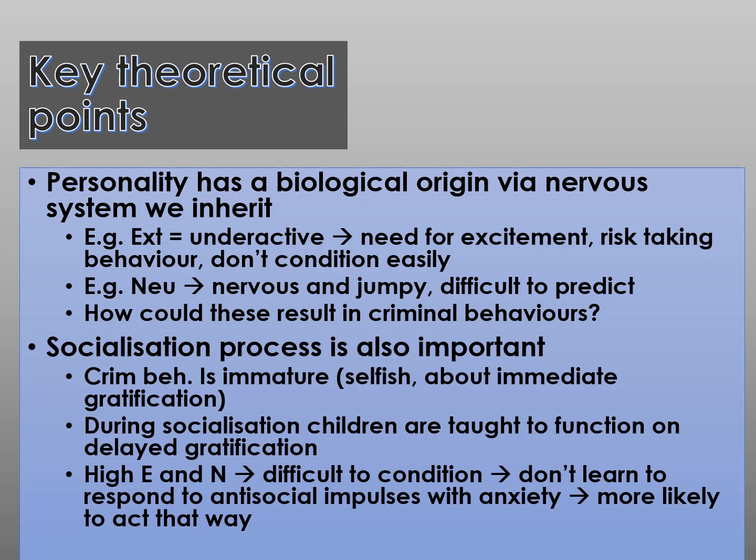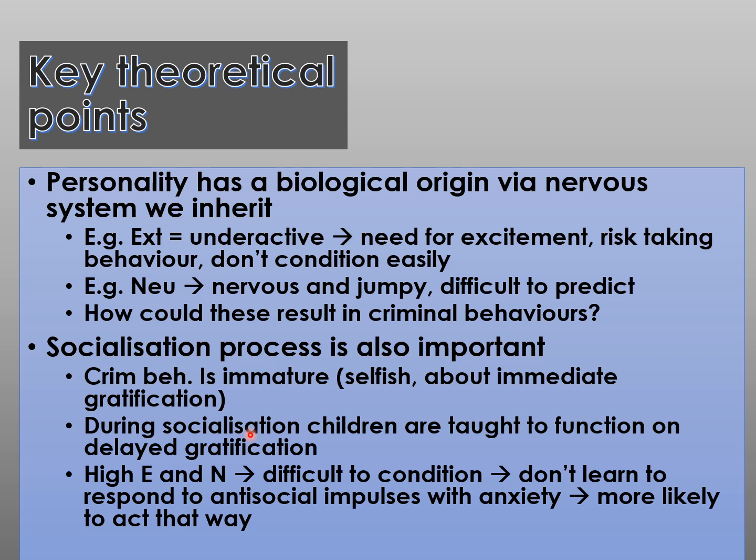As well as that, socialization for him is really important. So his whole theory looks at biology via the nervous system, and it also looks at socialization. So if you have really bad, in terms of like your upbringing or your socialization isn't neurotypical, isn't what we would expect, then you might be taught to function on delayed gratification or immediate gratification.